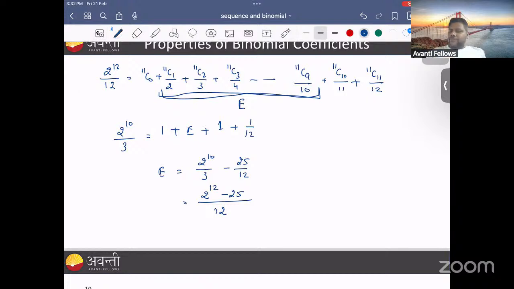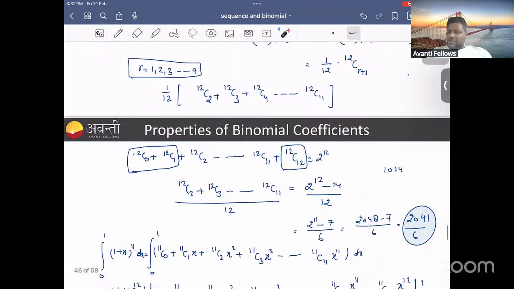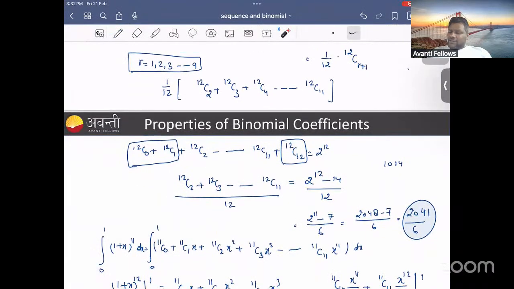Oh, it looks quite fine. 2 to the power 10 upon 3, 1 plus 1, 2 plus 1 by 12, 24 and 125 by 12. Subtract. So has there happened some mistake? 12C1 is 12. 12C0 is 1. 12C12 is also 1.